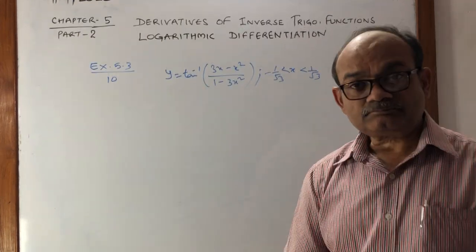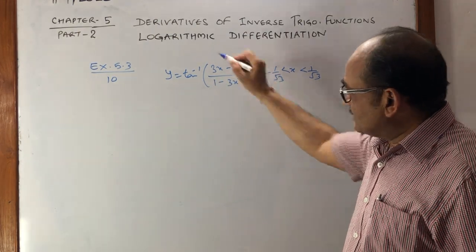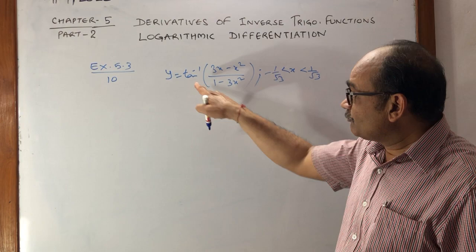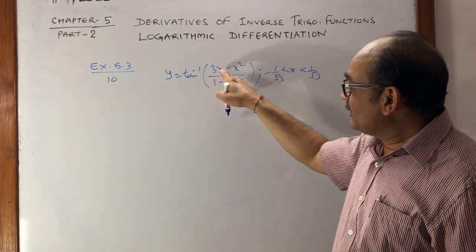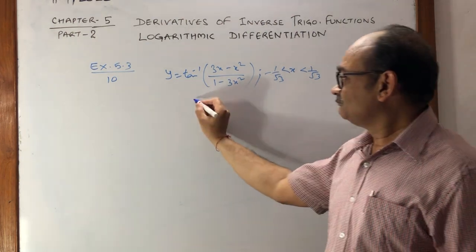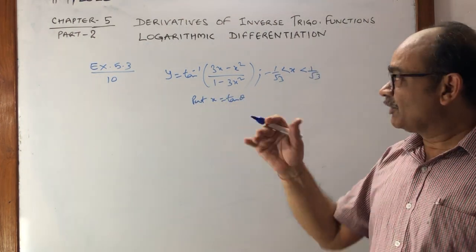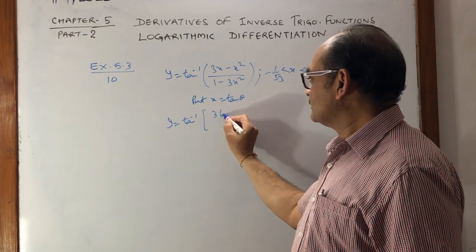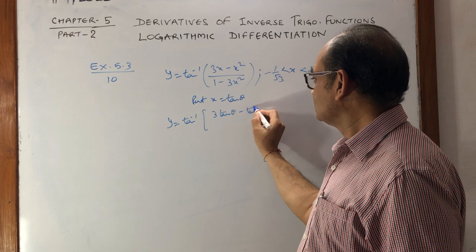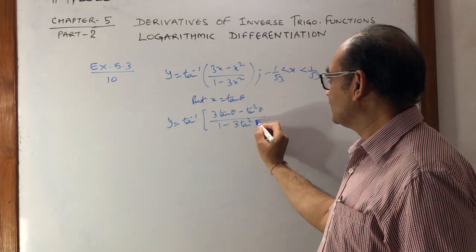Now, as we have completed the class 11 formula of tan 3 theta, because tan inverse is outside, if we put x equals tan theta, what we get is y equals tan inverse of 3 tan theta minus tan cube theta over 1 minus 3 tan square theta.